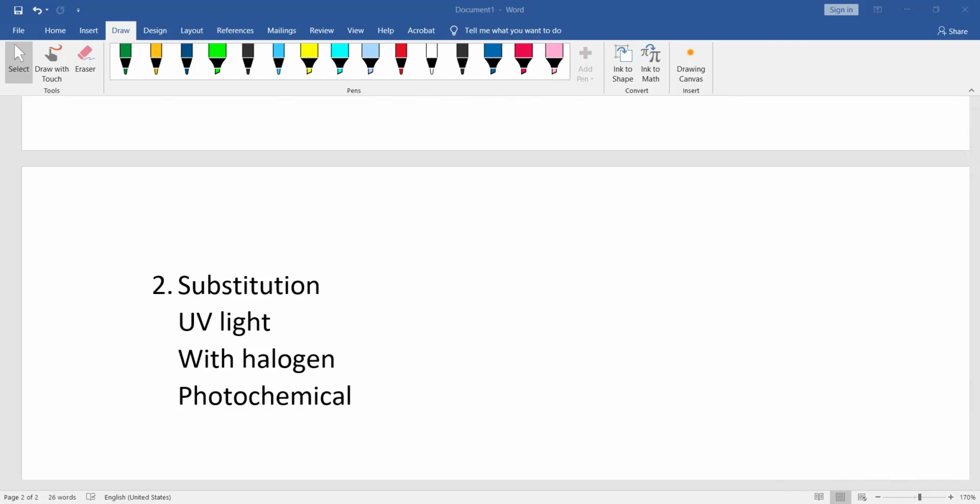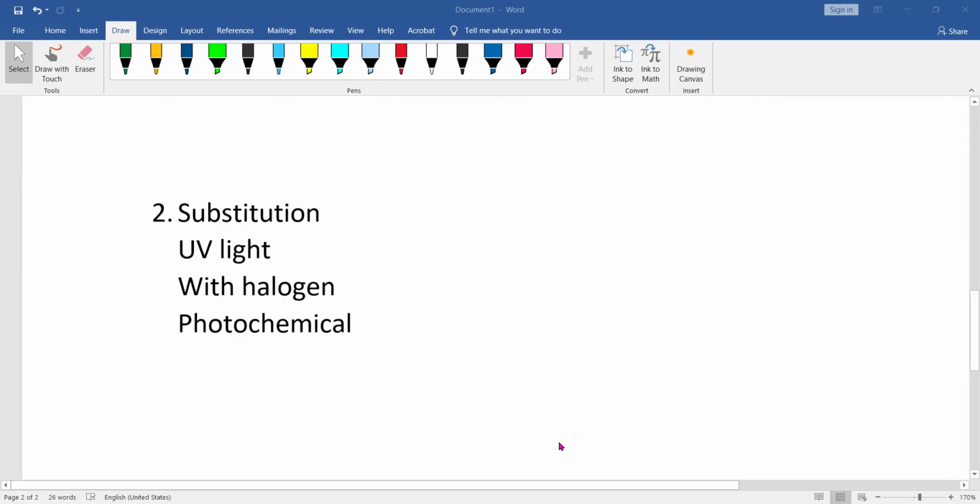That is a photochemical reaction because it's actually silver bromide. When you take a photo, the light hits on something and it causes it to break apart. That's how you get photos.